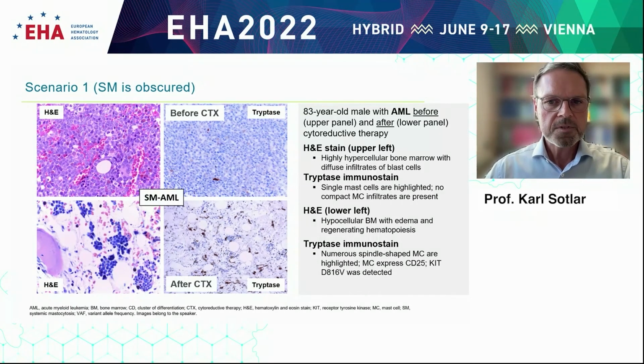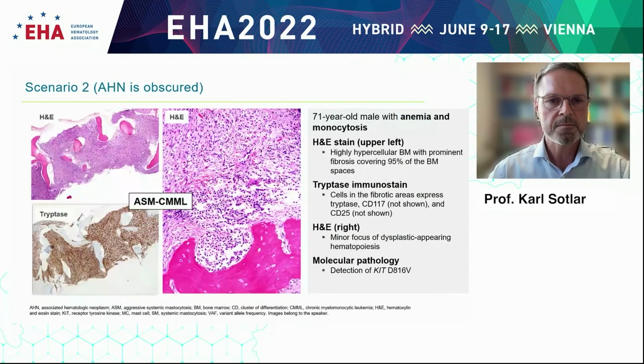These cells also expressed CD25, and the KIT D816V mutation was also detectable in this patient. So in fact, this patient has SM-AML, so SMAHN, with an SM component being obscured at first presentation.